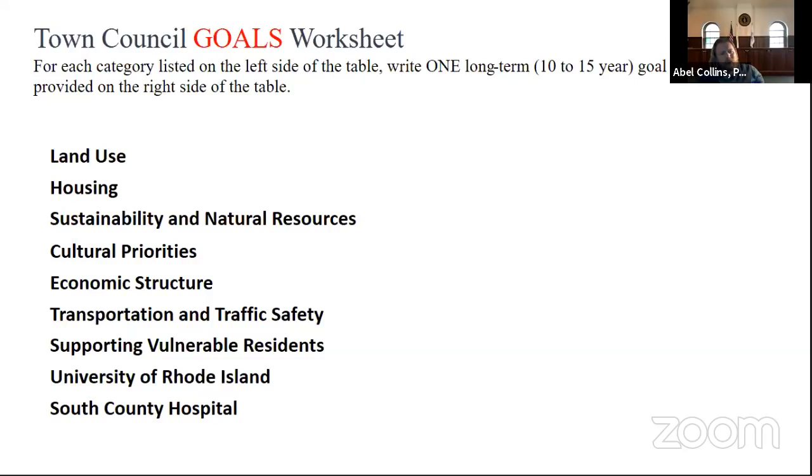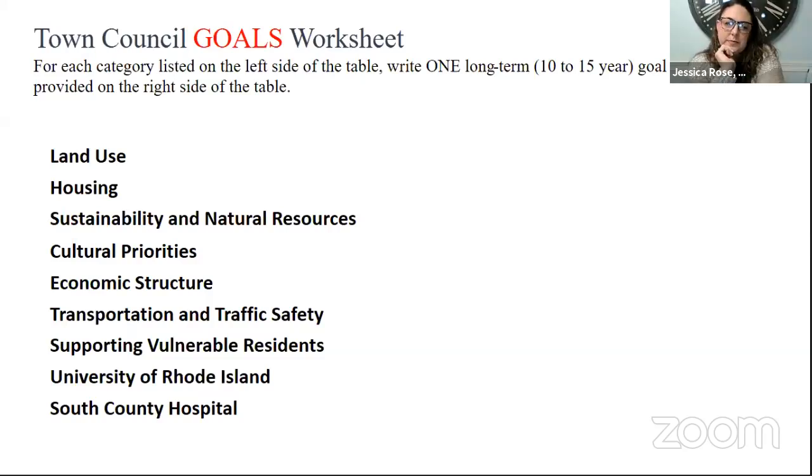When we have URI as a whole priority in and of itself, you would think it might show up in the economic structure, though. So I think it makes use of one of the great assets in the town, and it would probably draw people to live here, and it would benefit the community to have them here.